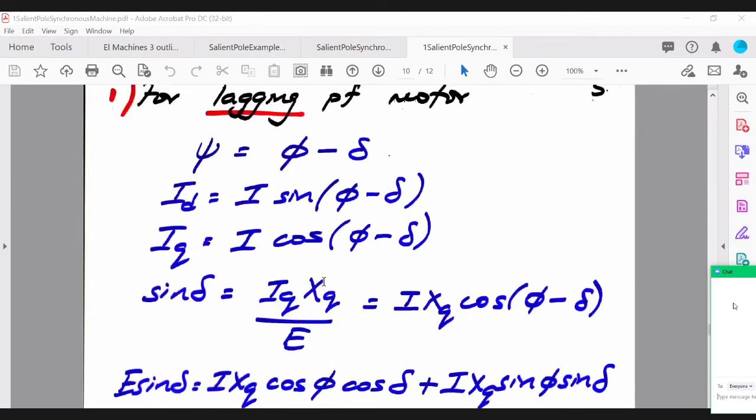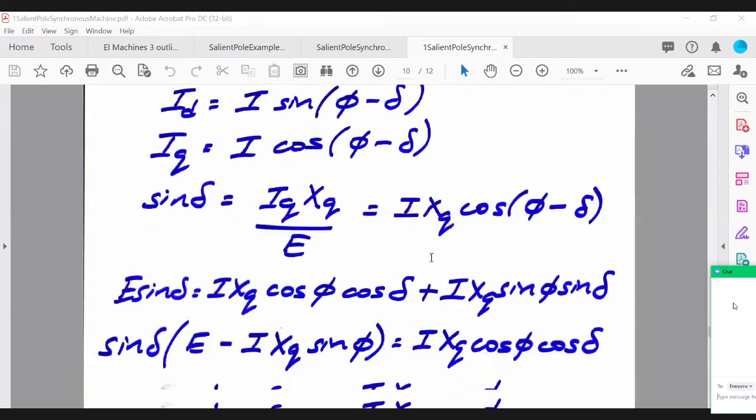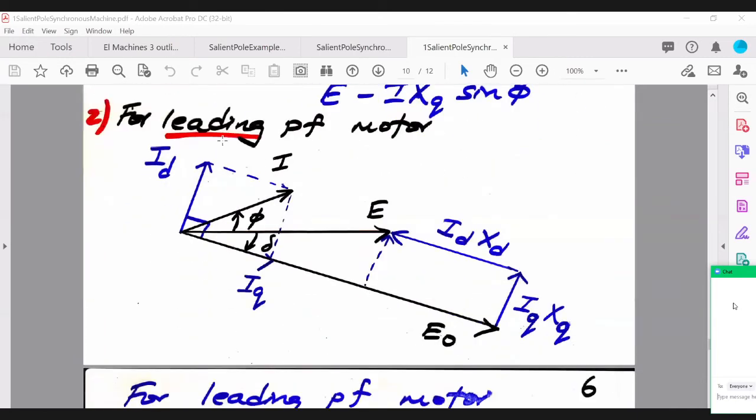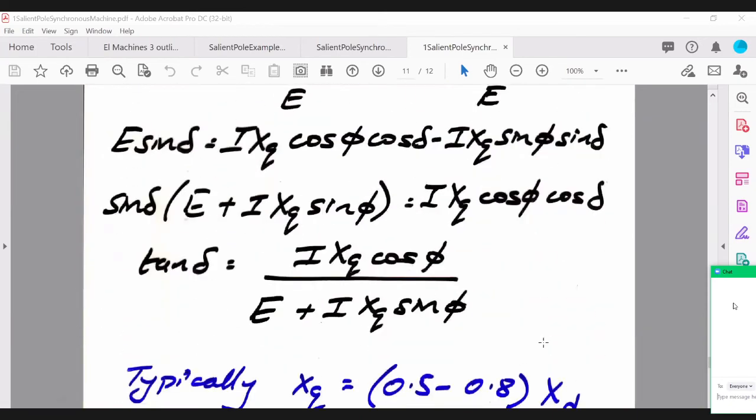And you must be able to write the two components, ID and IQ, and obviously your angle tan delta. Again, for leading power factor, you need to be able to draw the phasor diagram and write the two components for ID and IQ and the equation for tan delta.